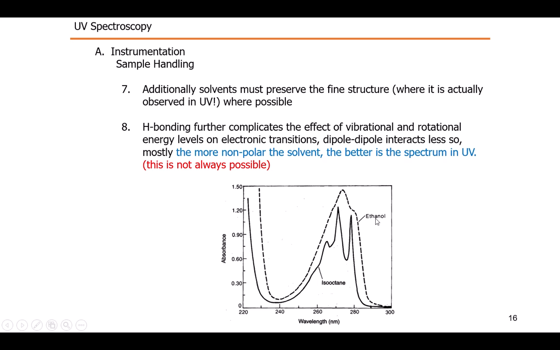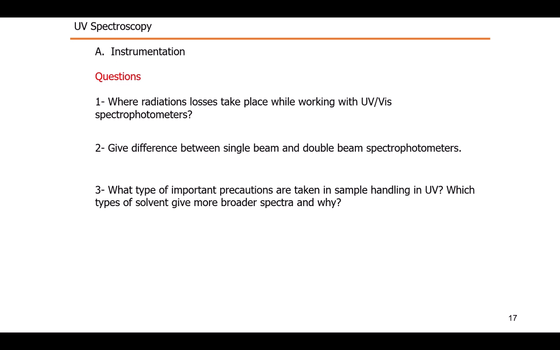But when we use ethanol as a solvent, which is more polar than isooctane, these peaks disappear and a band is formed. So non-polar solvents are preferred over polar solvents.